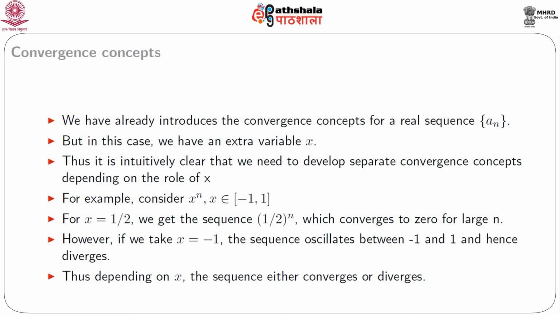For x equal to half, we get the sequence half to the power n, which converges to 0 for large n. However, if we take x as minus 1, the sequence oscillates between minus 1 and plus 1 and hence diverges. Thus, depending on x, the sequence either converges or diverges. So, we have seen how big O and small o notations are useful in defining rates of convergence.